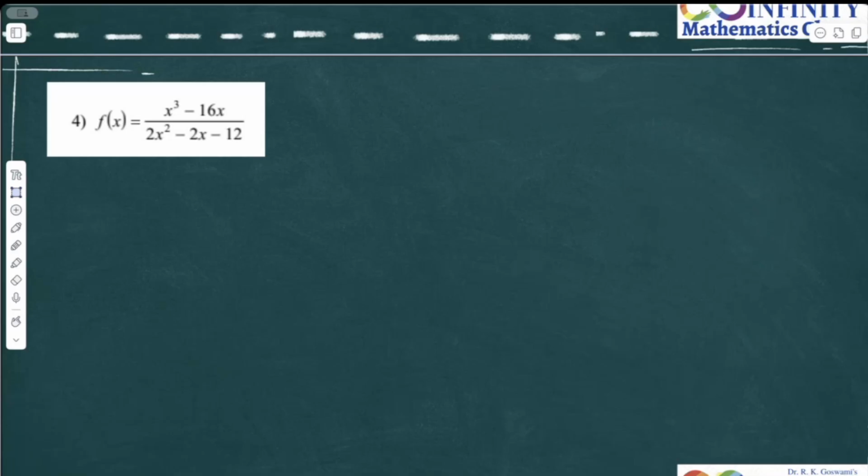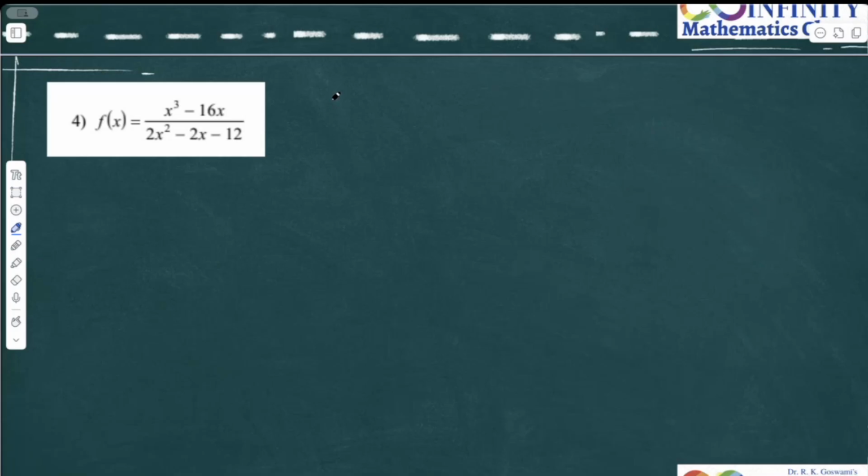Okay, so should we try with 4? The first observation is that it is a rational function and the degree of the numerator is bigger than the degree of the denominator. The difference is 1.